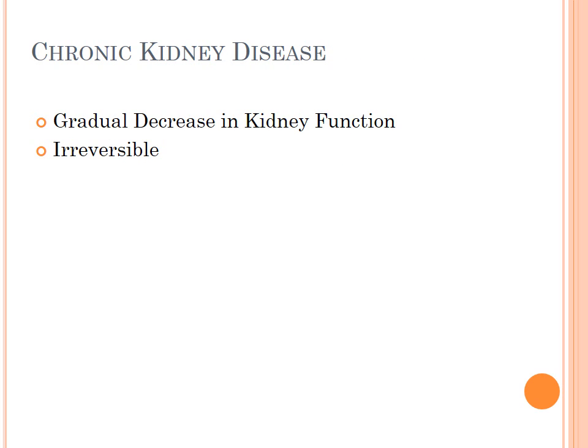Okay. Chronic kidney disease develops over time. There's a gradual decrease in kidney function, and it's progressive and irreversible, whereas acute kidney injury can be, in most cases, reversible, with some leading to chronic kidney disease, as we'll describe.